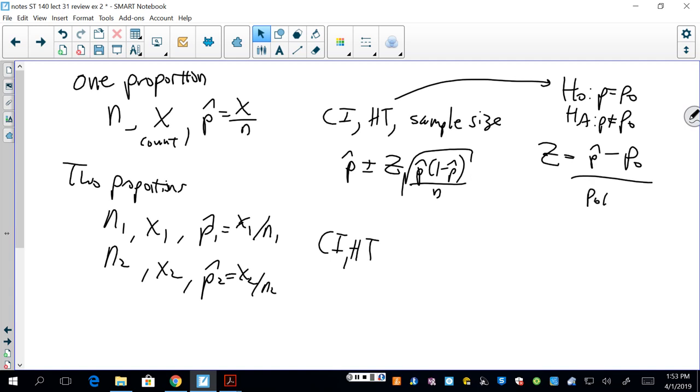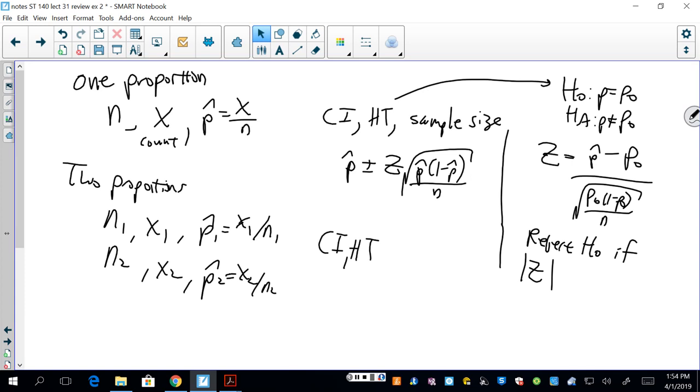We have P times 1 minus P over N in the denominator, but we use the null value to get the Z statistic. And we reject the null hypothesis if the Z is extreme. One way of doing that is taking the absolute value of it, either the positive or negative side. If that's greater than 1.96, our usual cutoff, then we reject the null hypothesis because P hat is too far.